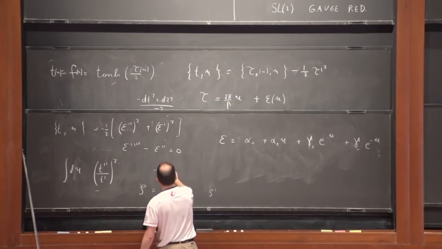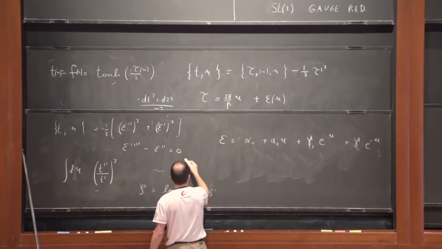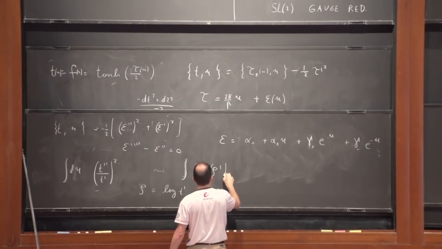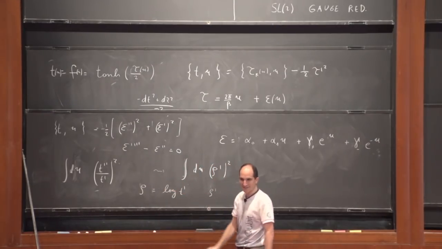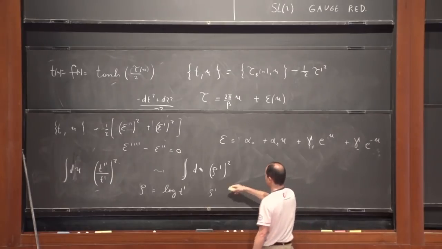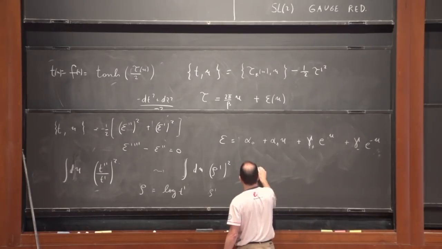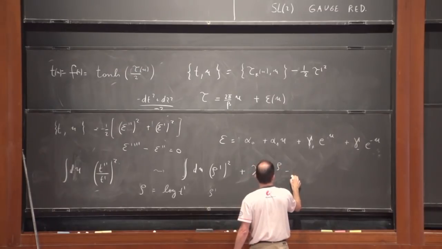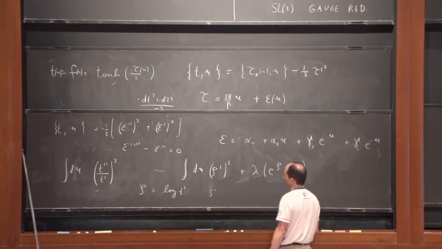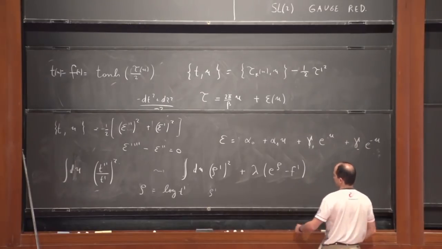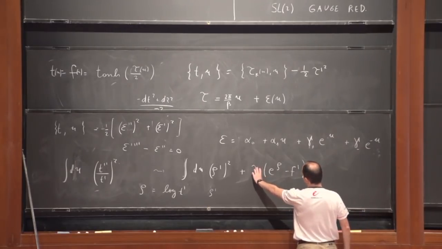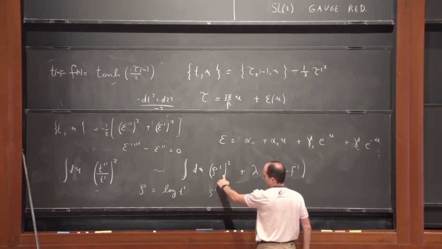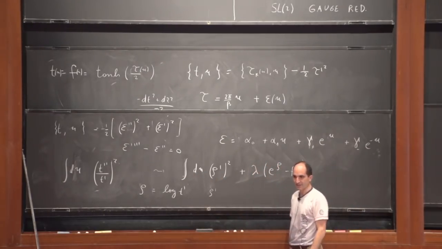So this looks like it might give us a term that looks like rho prime squared, right? At least that's the expression there. And we can enforce this equality by putting a Lagrange multiplier that looks like e to the rho minus t prime. Okay. So this action is such that if we integrate over this Lagrange multiplier, then we set rho equal to logarithm of t prime, and then we recover the original action.